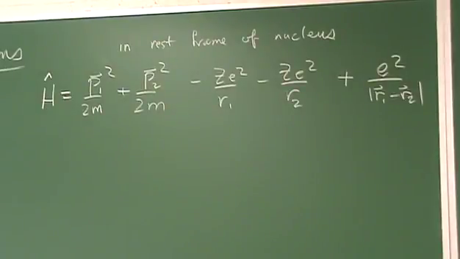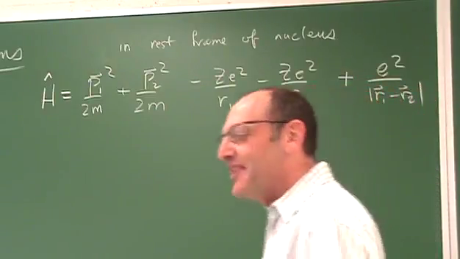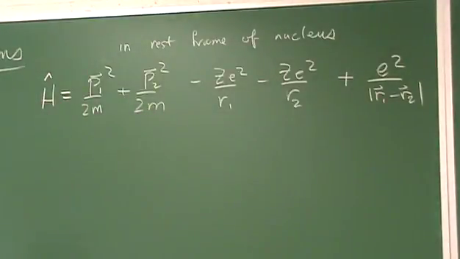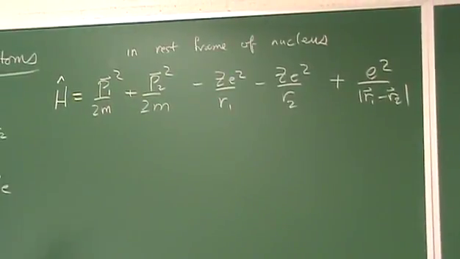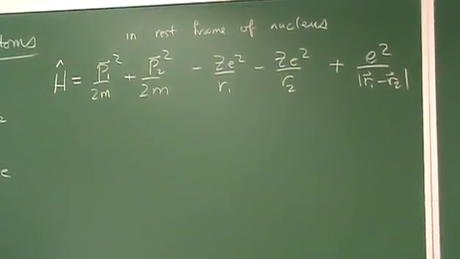Oops, I better remember that that's there. I'll remember now. All right. So this is the Hamiltonian, and the goal then is to solve for the eigenstates of the system, and in particular the eigenstates corresponding to the bound states of the 2 electrons bound to the nucleus.